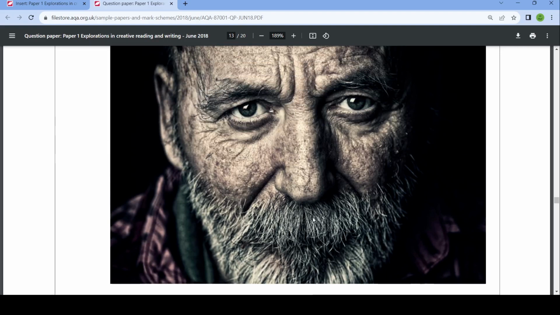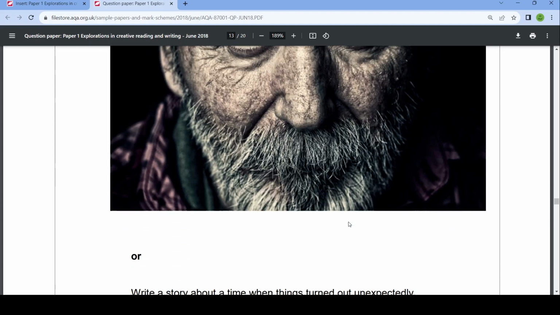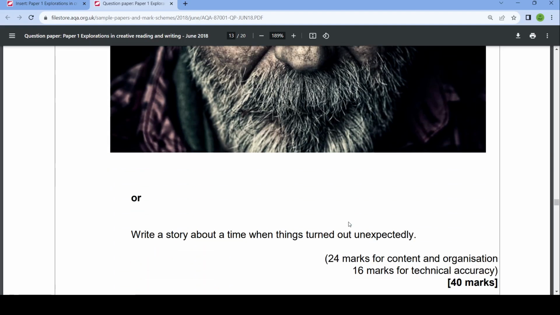And so you notice they've given you a picture of this one particular person. And also in the extract, something unexpected happens. The teacher is not expecting the student's work to be as good as it is. So it's unexpected. So notice here, the title is about something turning out unexpectedly.